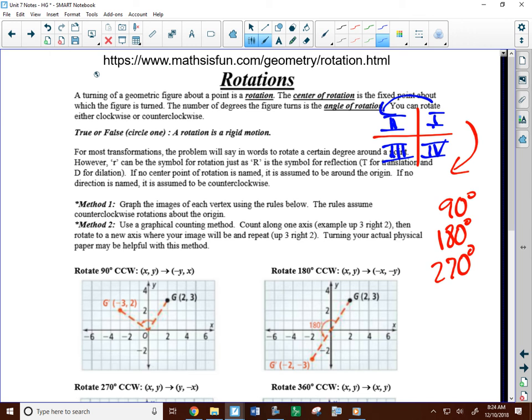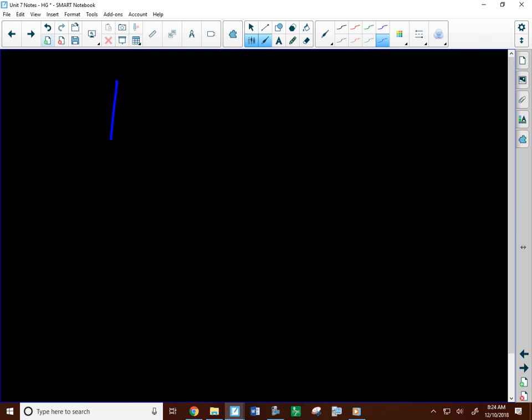There's a couple things about a rotation. First of all, they will tell you how far you're going, the number of degrees, 90, 180, 270. You also need to know where you're rotating around. So for example, here's a triangle. Most of the time you're rotating around the origin.